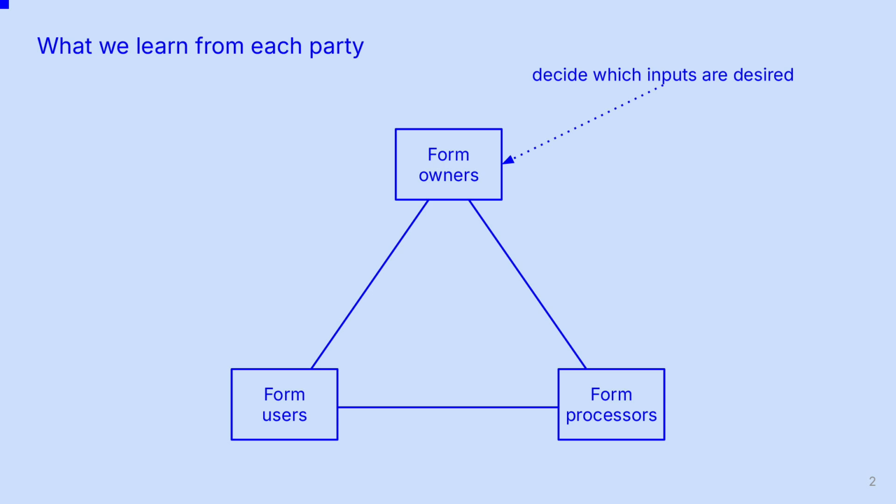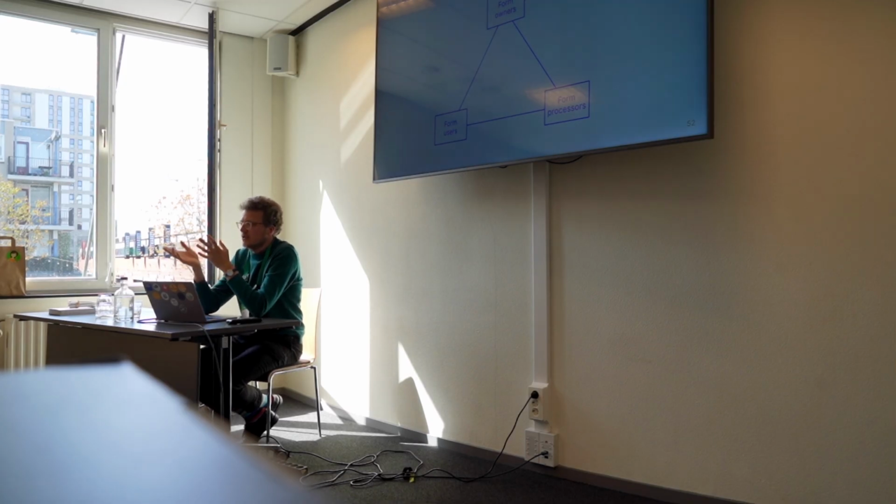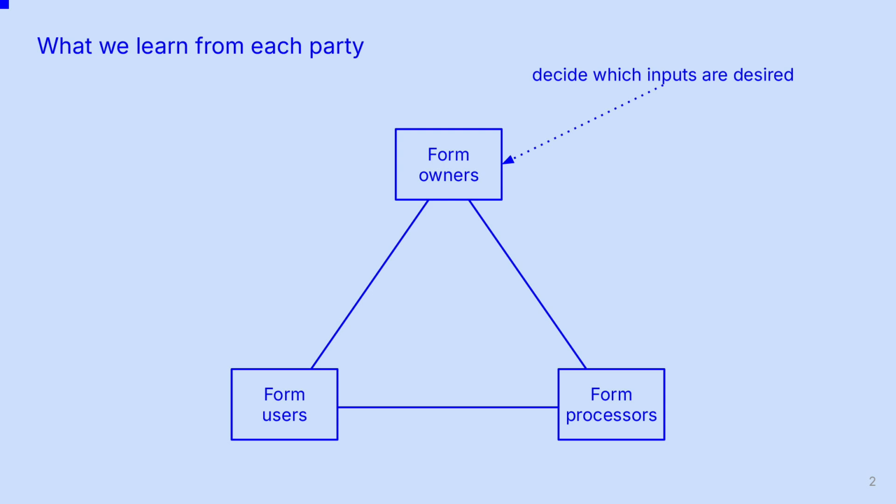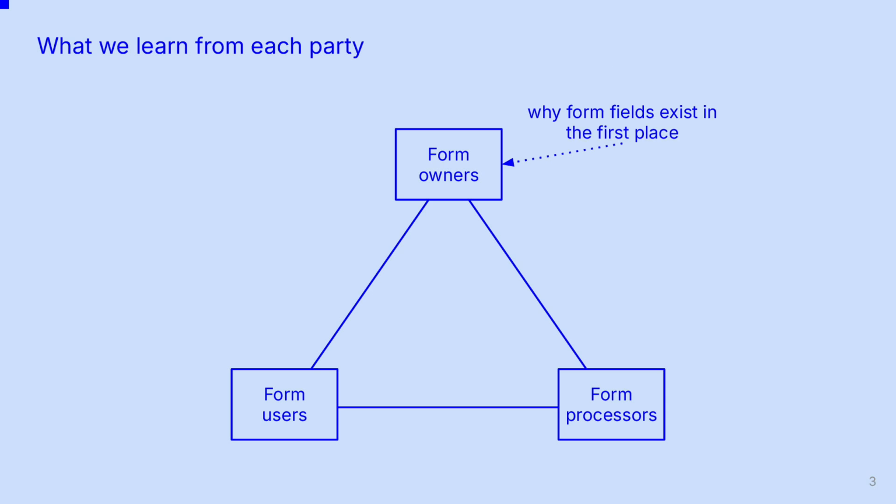But this can not only be ministries. The form owners can also be local authorities or whatever. But they are deciding, or imagining, which inputs are desired. So from them, we basically learn why certain form fields exist in the first place.